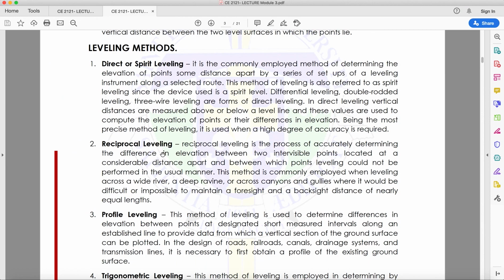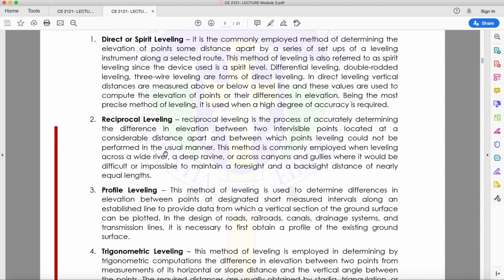Next is reciprocal leveling. Reciprocal leveling is the process of accurately determining the difference in elevation between two intervisible points located at a considerable distance apart, and between which points leveling could not be performed in the usual manner.